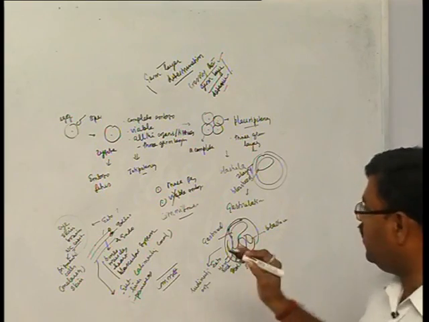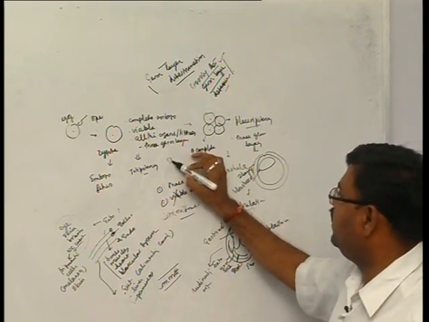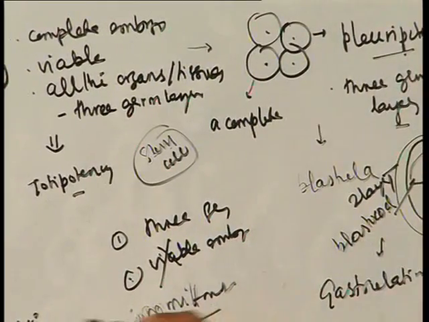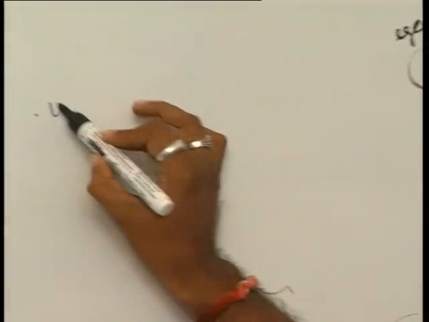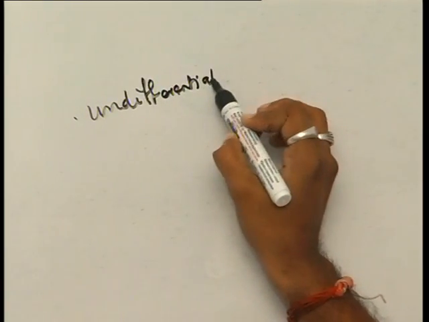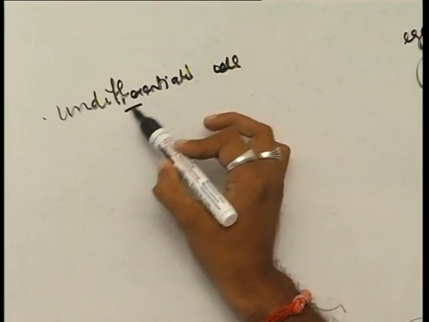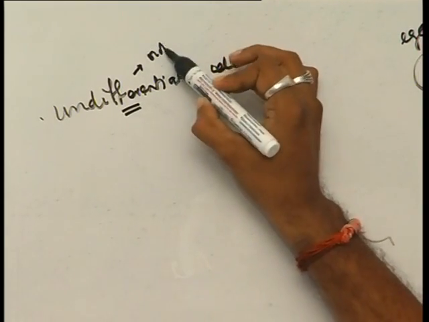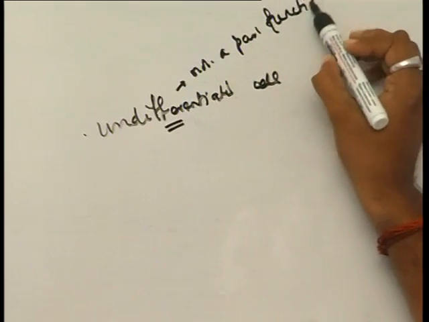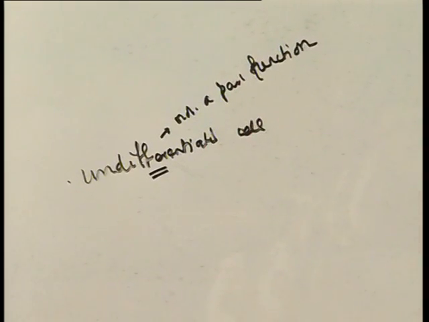So what does it mean by stem cell here? A stem cell is an undifferentiated cell. What do you mean by undifferentiated cell? A cell that is not doing a particular function.